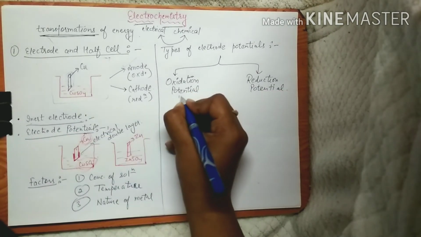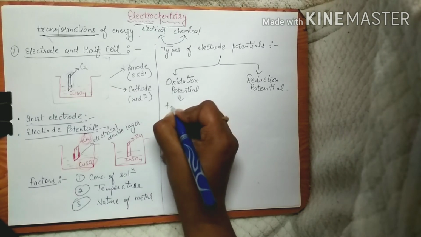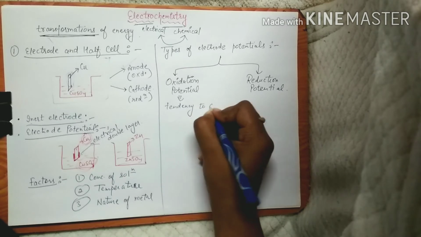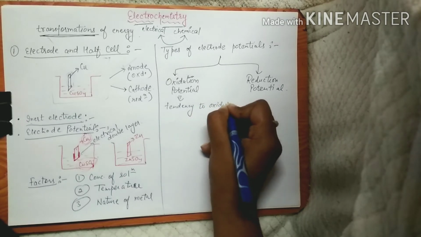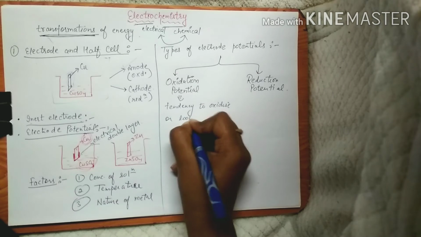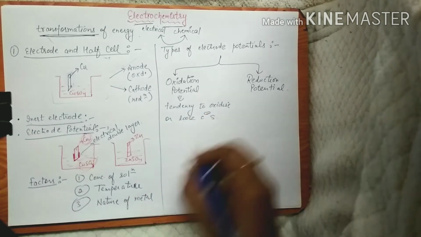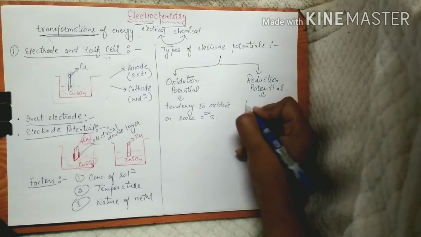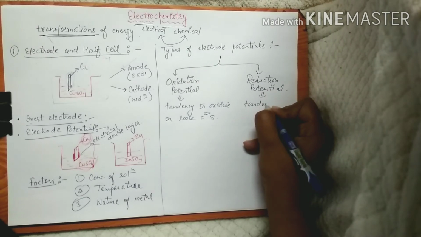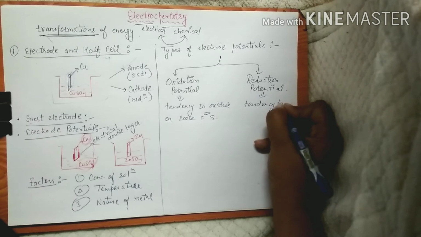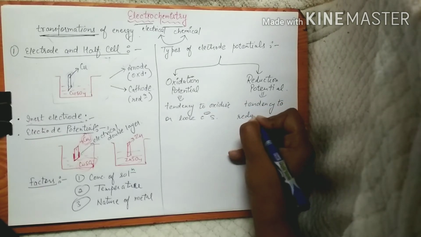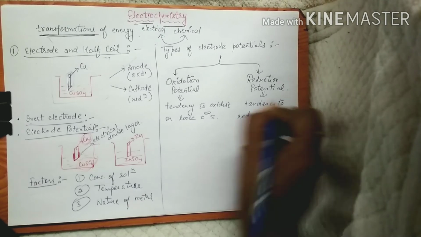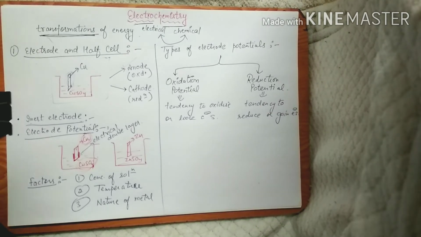Oxidation potential is basically the tendency of an electrode to oxidize or lose electrons. Similarly, reduction potential is the tendency of an electrode to reduce or gain electrons.